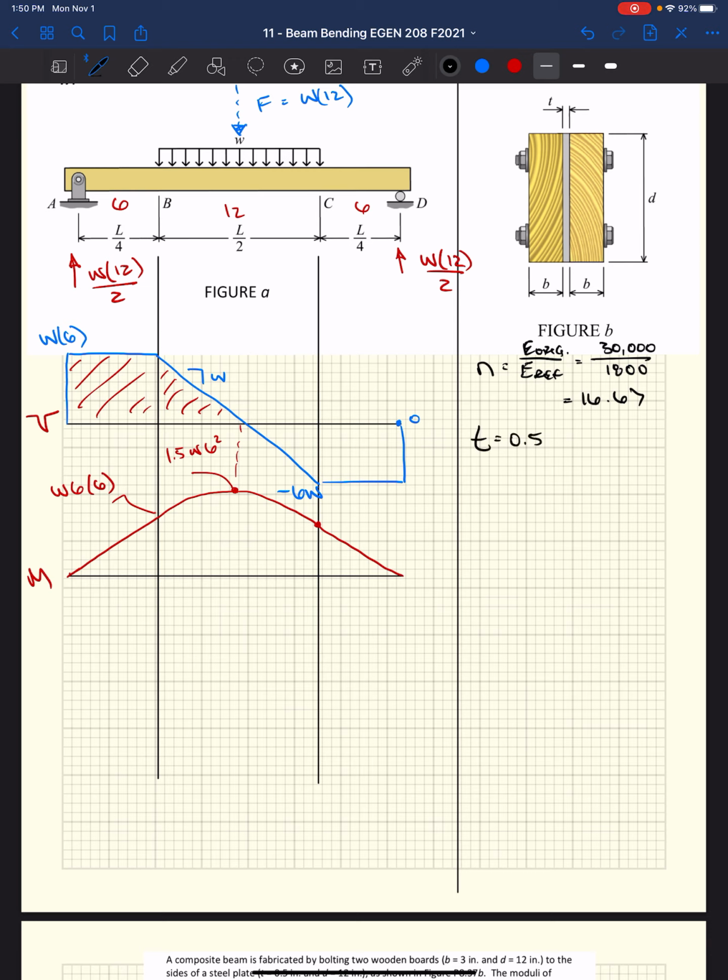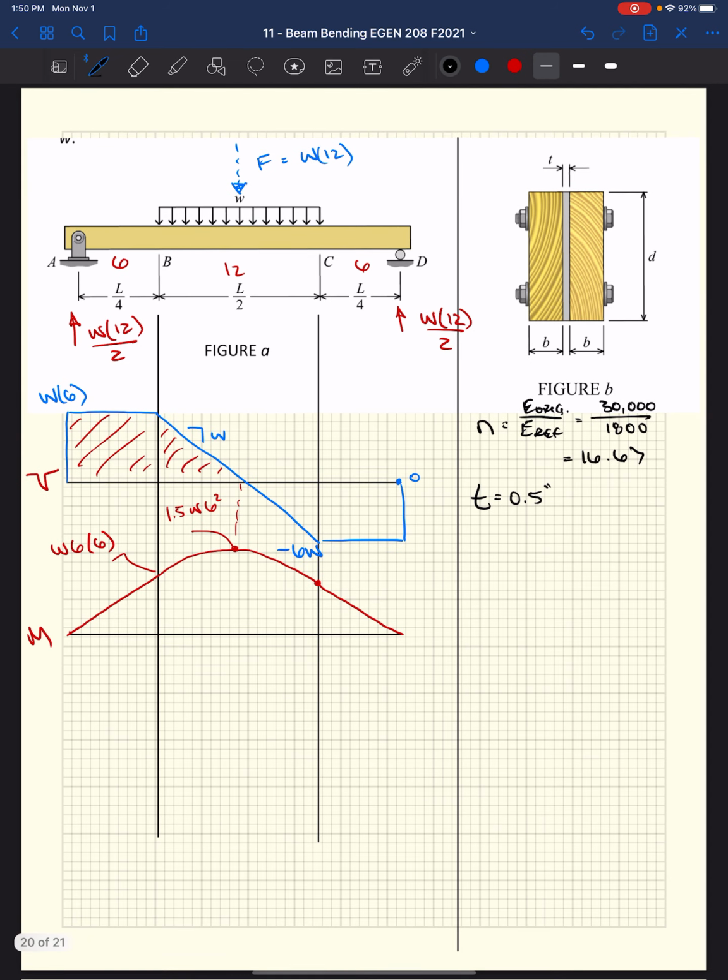T originally was 1/2 inch, if we go back to the problem statement. So this is T. We know we can't change the depth of our member again, because changing the depth starts screwing around with our strains. So we just have to change the width because we're ultimately trying to change the area. And so if we're changing the width, we're going to take our T, that was the thickness of our steel plates, and amplify it by this modulus ratio.